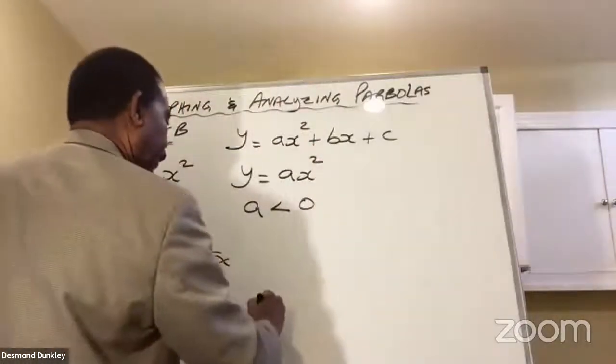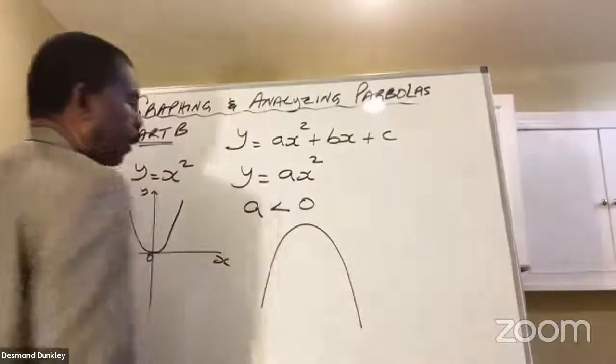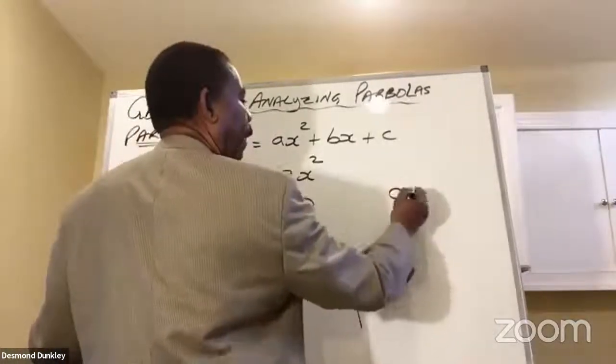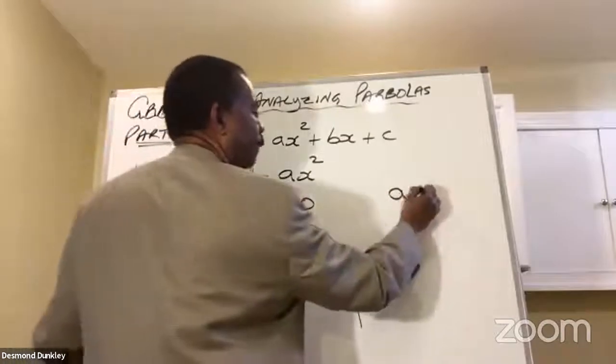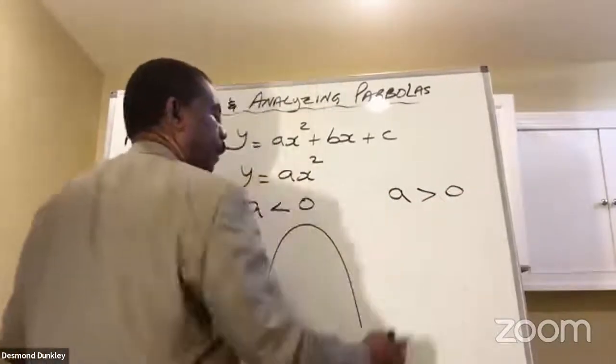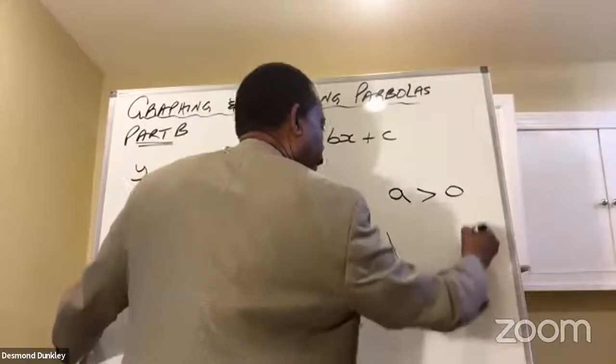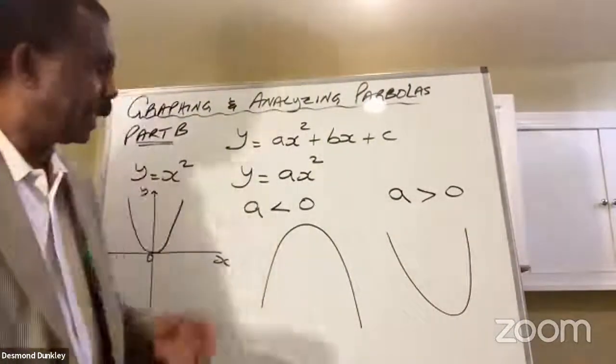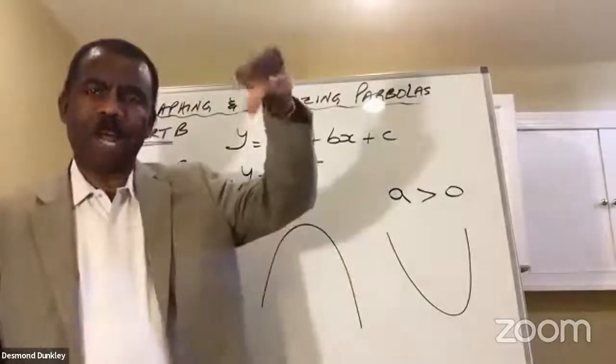So your graph is going to be like this, opens downwards. If your A, your lead coefficient, is positive, greater than 0, your graph is going to open upwards.